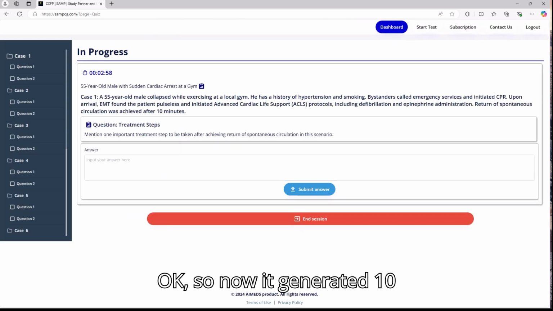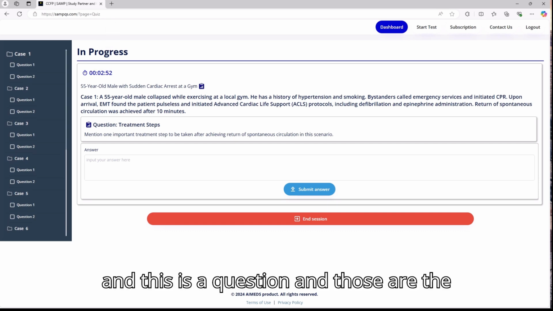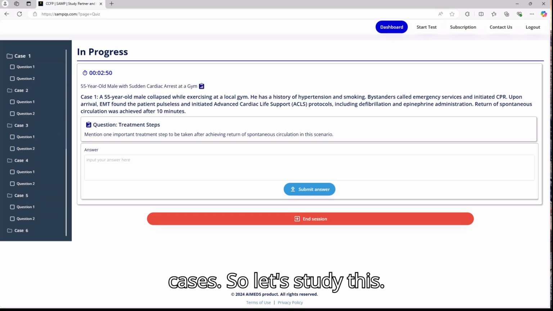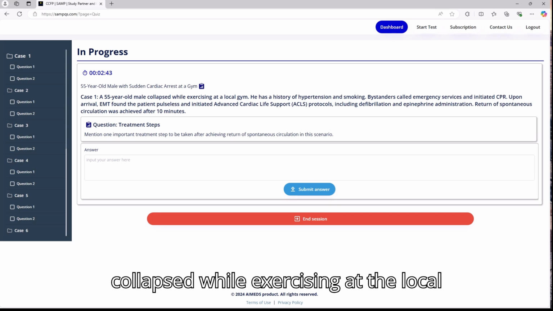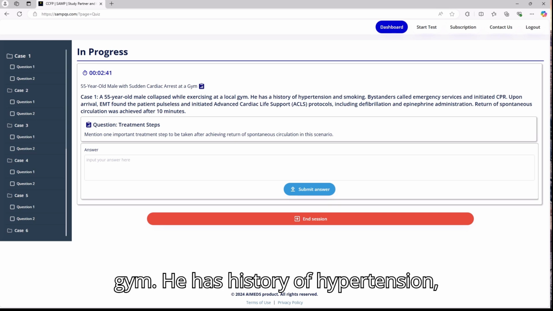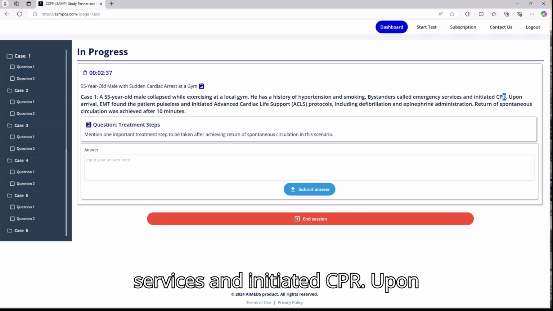Okay, so now it generated 10 cases, and there is a timer here, and this is a question. These are the cases, so let's study this. Case number 1: a 55 year old male collapsed while exercising at the local gym. He has a history of hypertension and smoking. Bystanders called emergency services and initiated CPR.